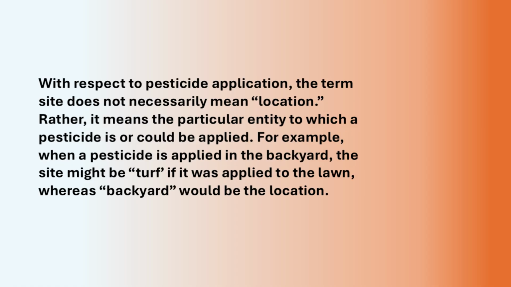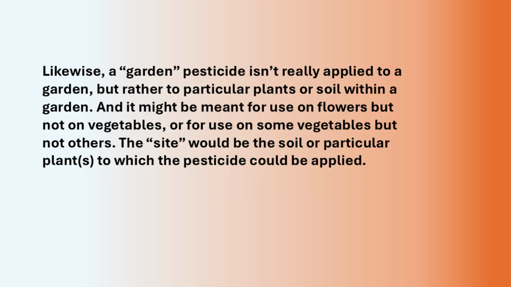With respect to pesticide application, the term site does not necessarily mean location. Rather, it means the particular entity to which a pesticide is or could be applied. For example, when a pesticide is applied in the backyard, the site might be turf if it was applied to the lawn, whereas backyard would be the location.